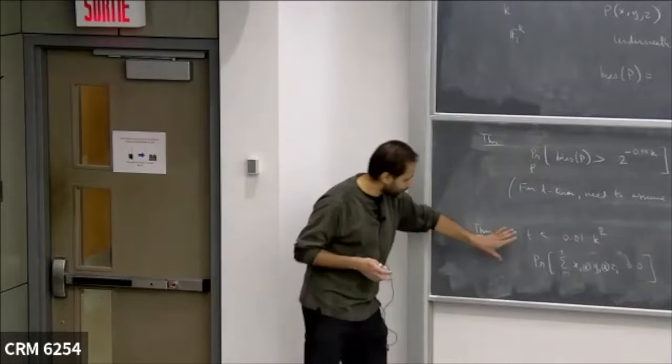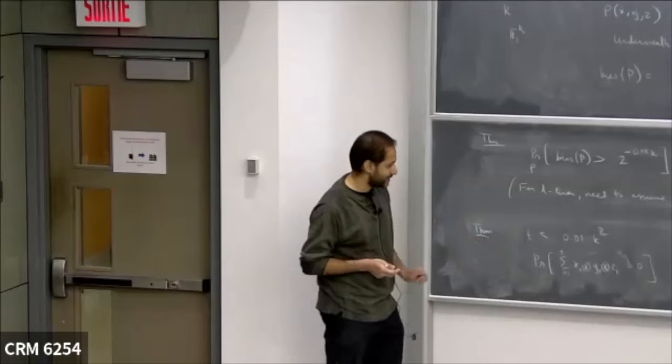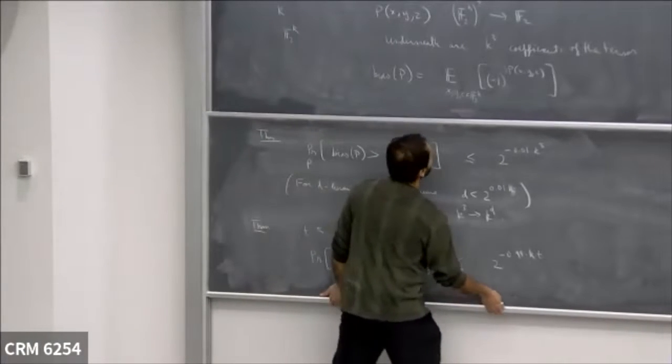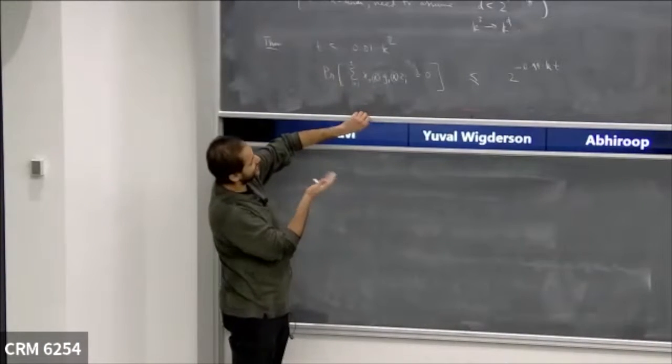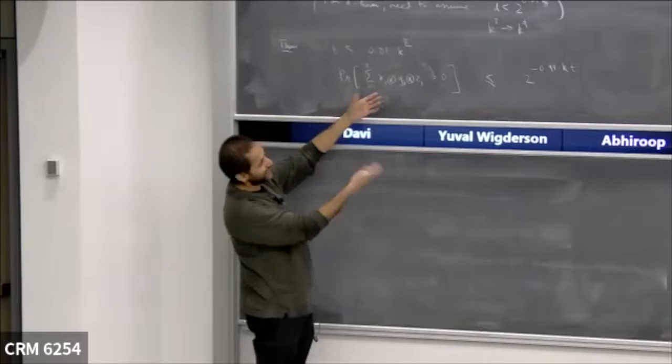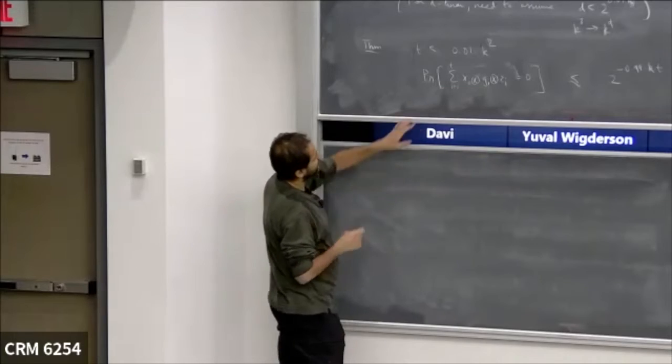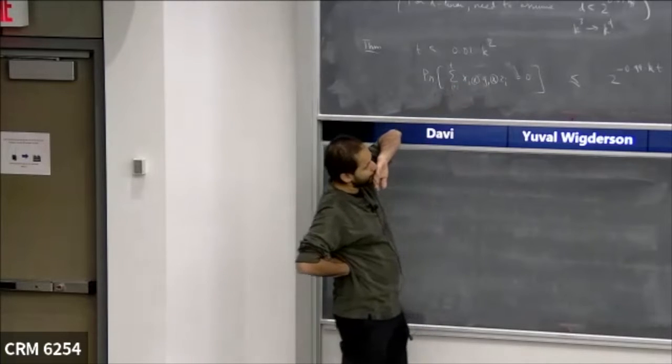Okay, so I'll now say a bit more about what you do with this, and that reduces to some statement about matrices. What I'm doing now is studying this with the intent of bounding the probability that this sums to 0.